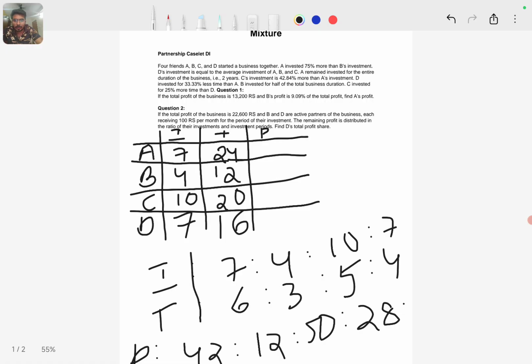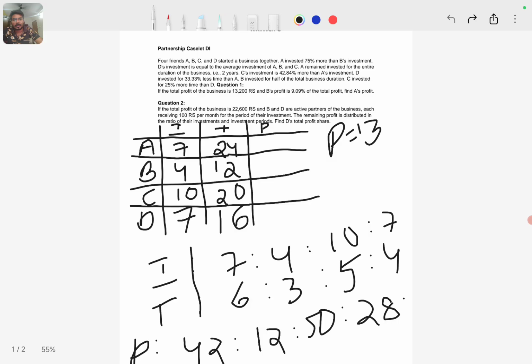In question 1 it is saying, if the total profit of the business is 13,200, and B's profit is 9.09% of the total profit, what does that mean? The fraction value of 9.09% is 1 by 11.